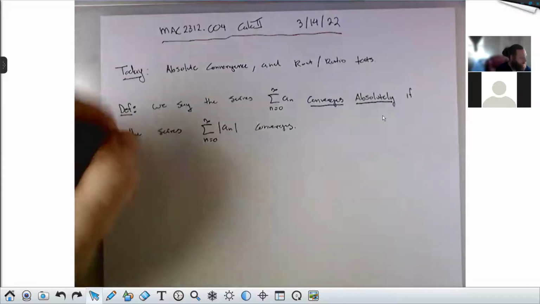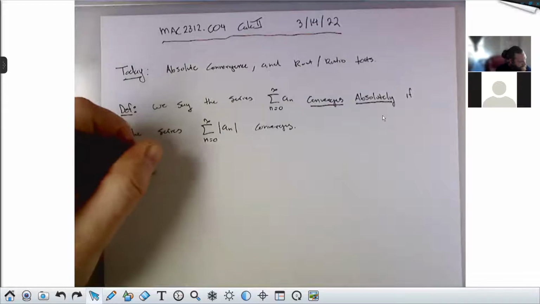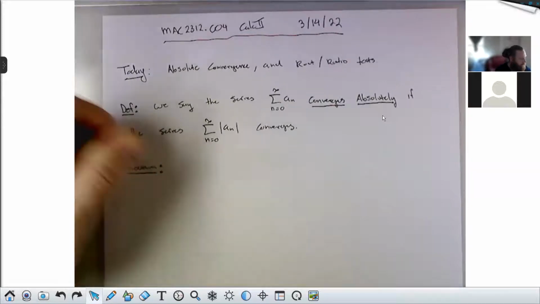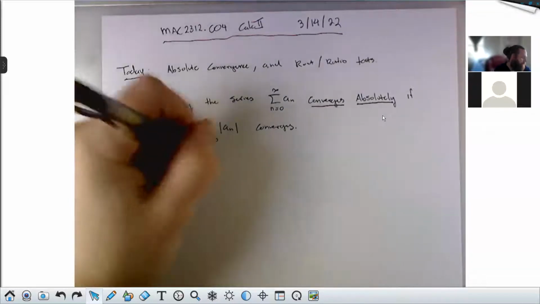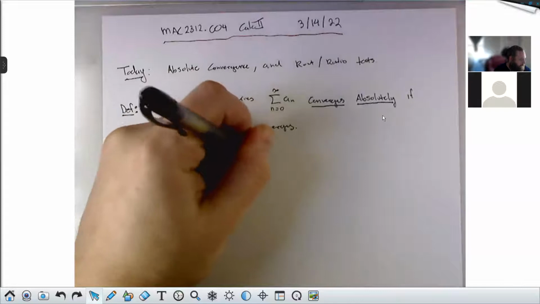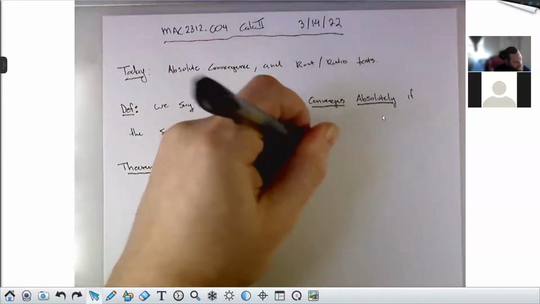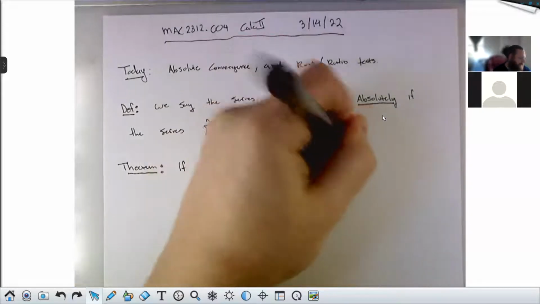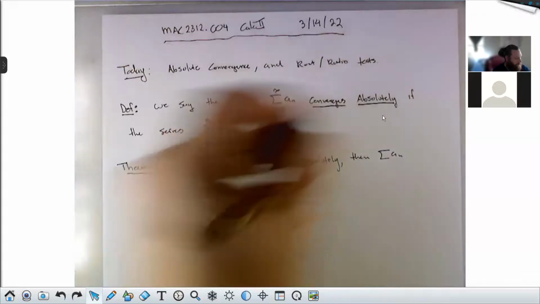In fact, there's a theorem which says that, although in slightly different words. What the theorem says is if sigma an converges absolutely, then sigma an converges in the normal sense.